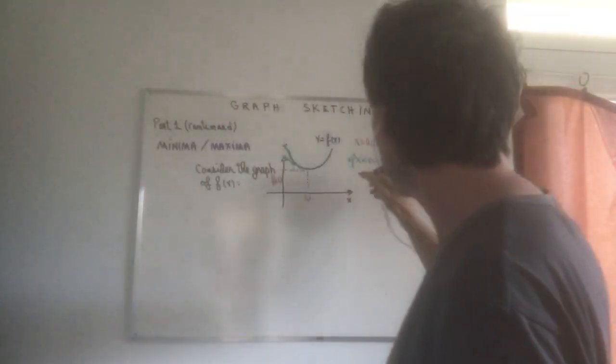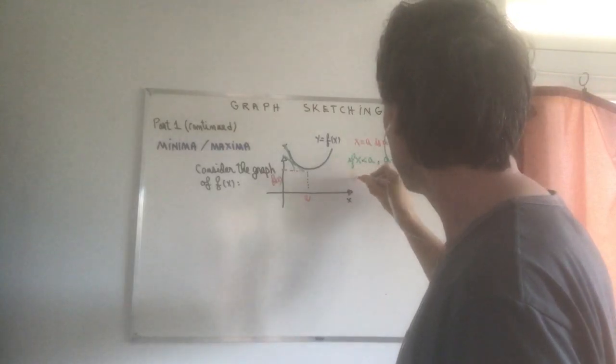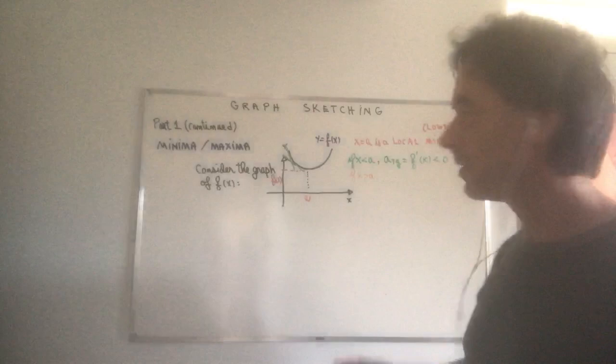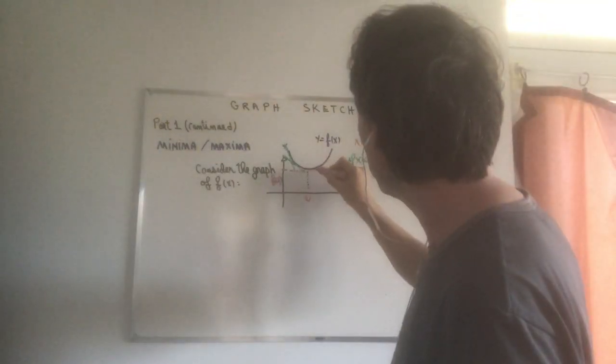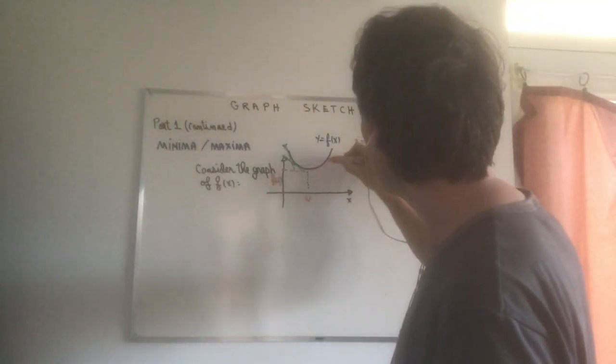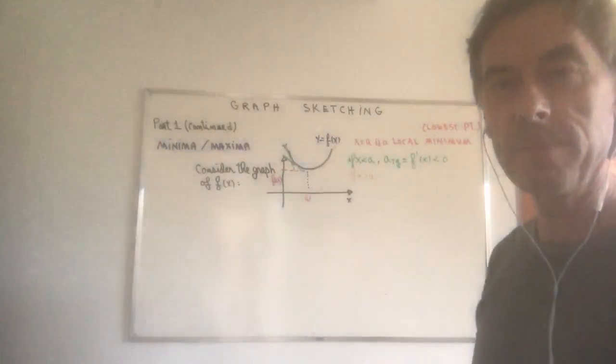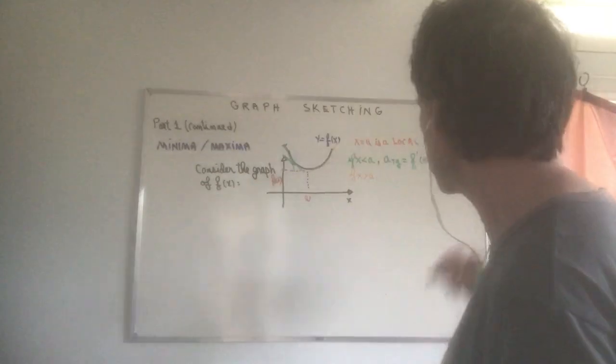On the other hand, should I move to the right side of a? So if x is greater than a, let us draw a few tangent lines. Let's draw a tangent line here. Let's draw a tangent line there. Look at these tangent lines. They all have something in common. They all have a positive slope.